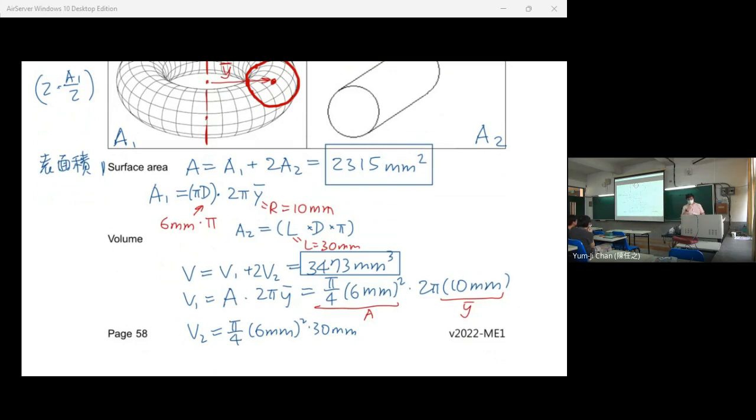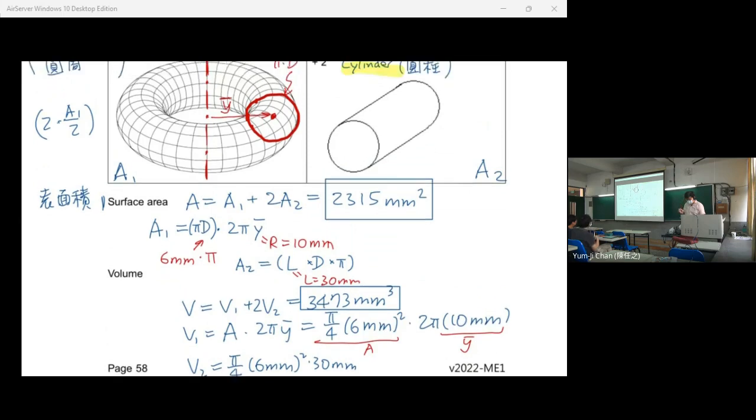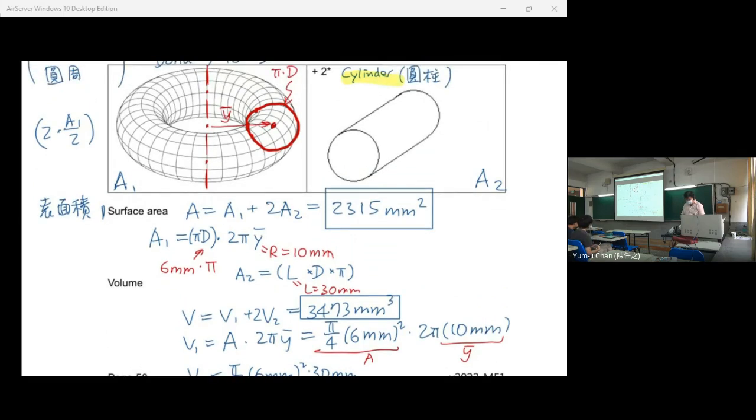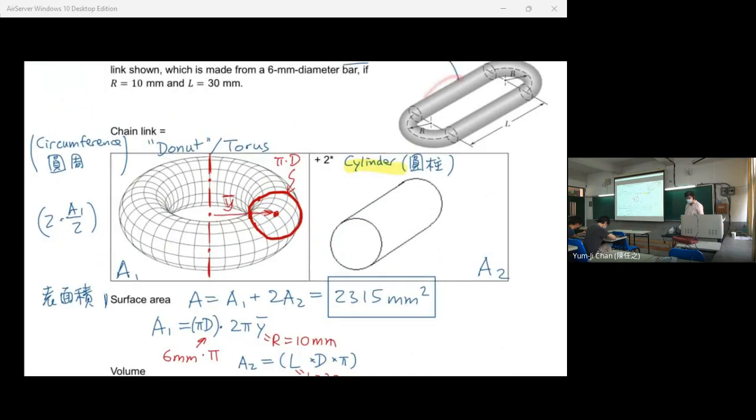One of your friends has asked a very good question. For this A, the surface area, this A and this A are not the same. This A is the surface area of the whole chain.